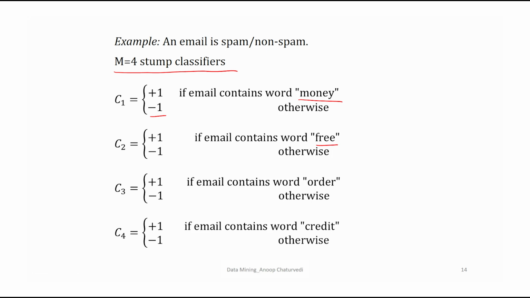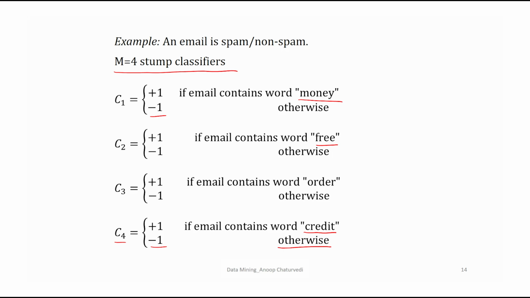The third classifier takes value 1 if the email contains the word order, and -1 if it does not. The fourth classifier is C4 equal to +1 if the email contains the word credit, and -1 if it does not contain the word credit.